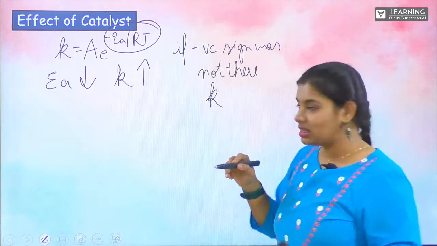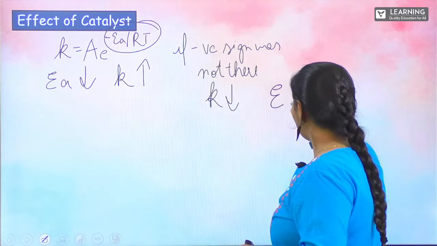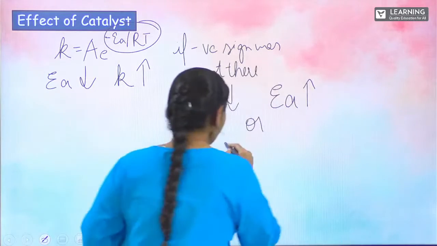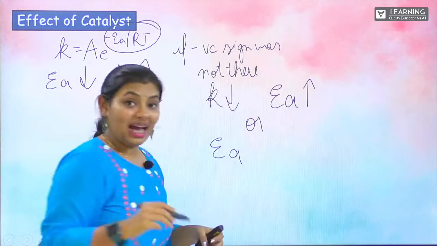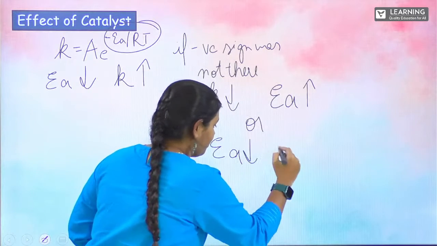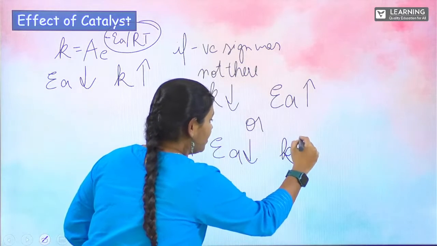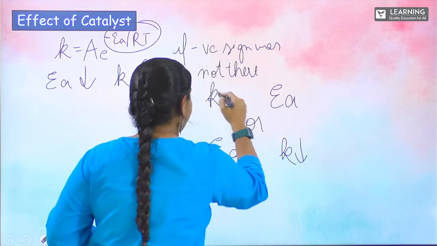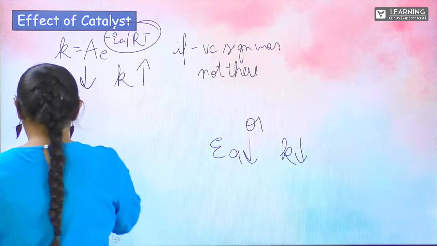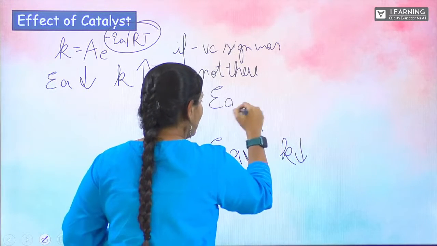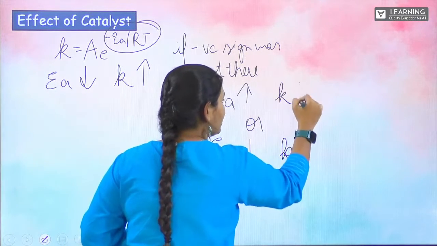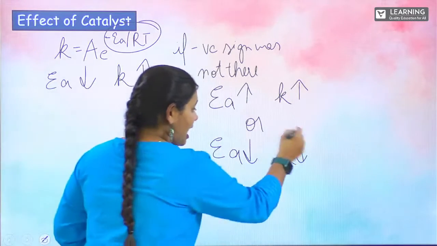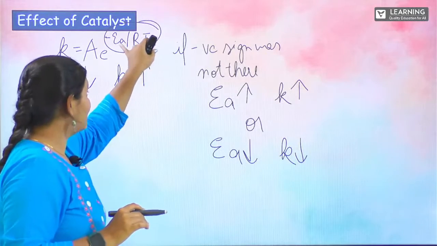K decreases if EA is decreased. This can be written this way: if EA is increased, K also increases; if EA is decreased, K also decreases. This happens only when the negative sign is not there.